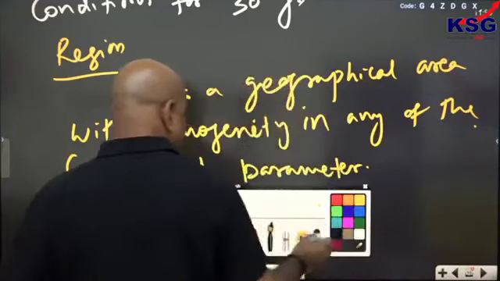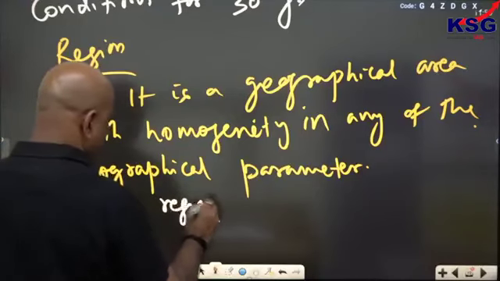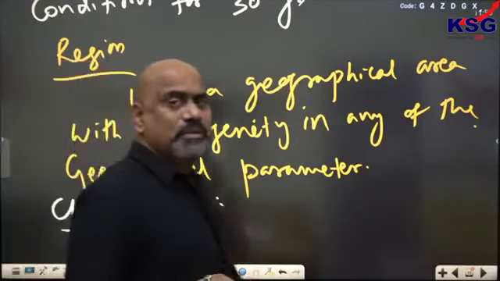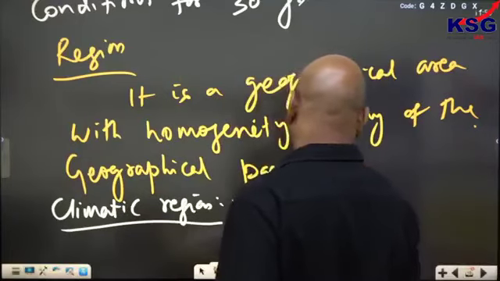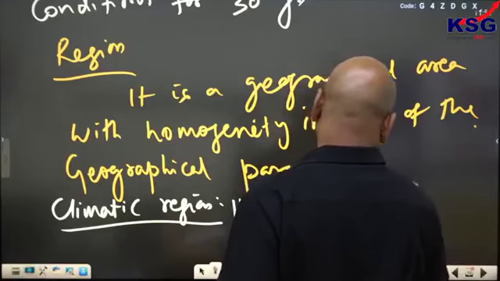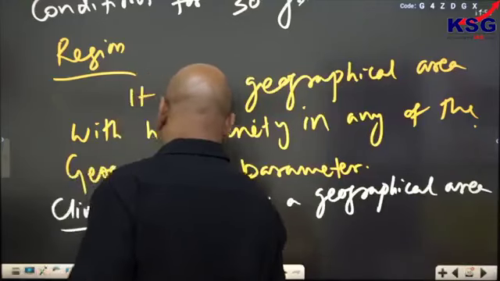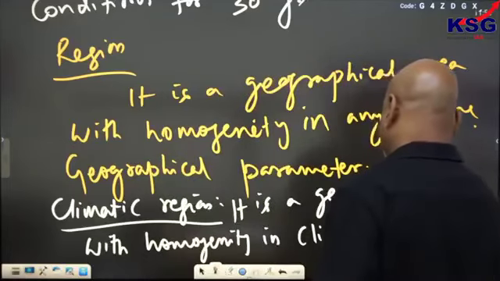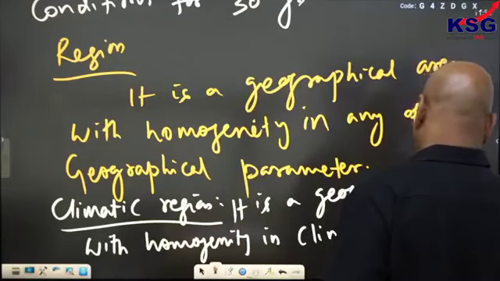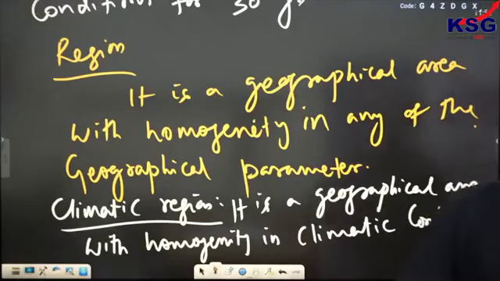For an example, climatic region है. If it is climatic region, a geographical area with homogeneity in the climatic condition, like homogeneity in terms of temperature, homogeneity in terms of rainfall, homogeneity in terms of cloudiness, like this.